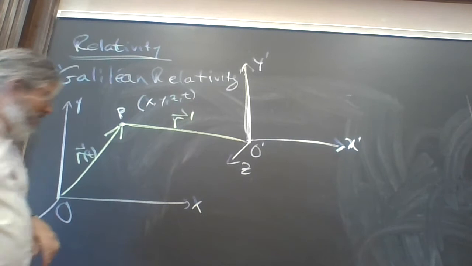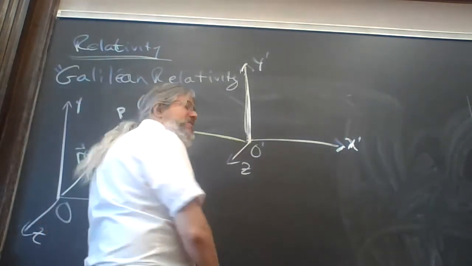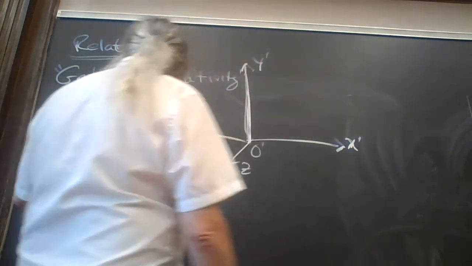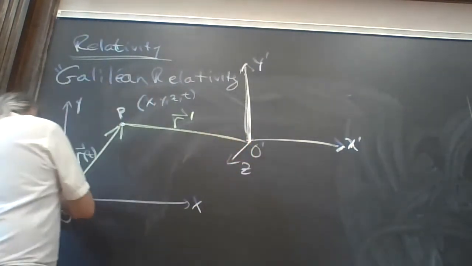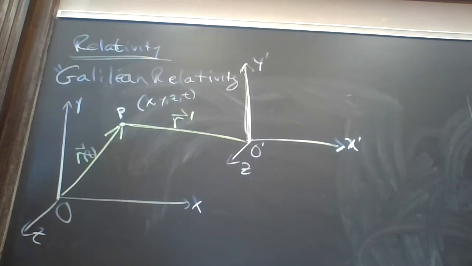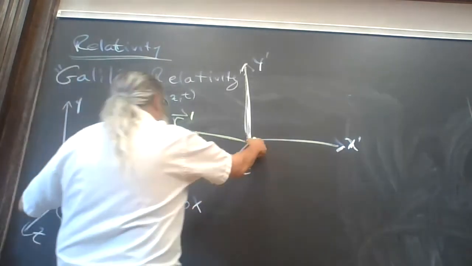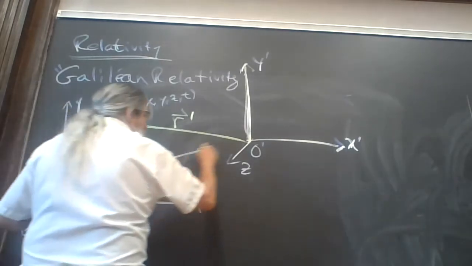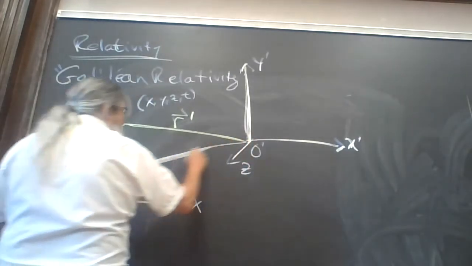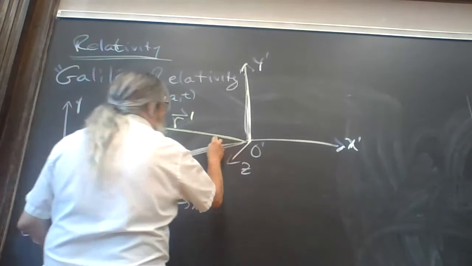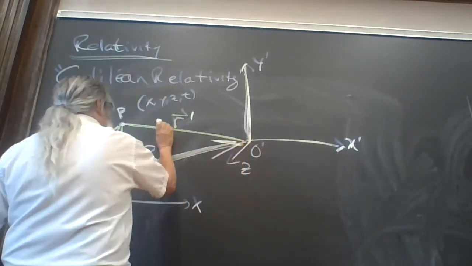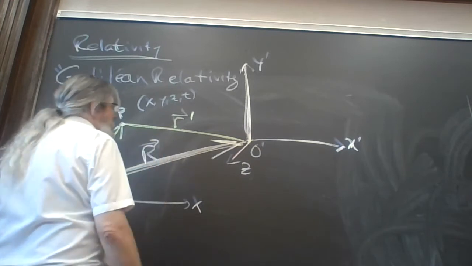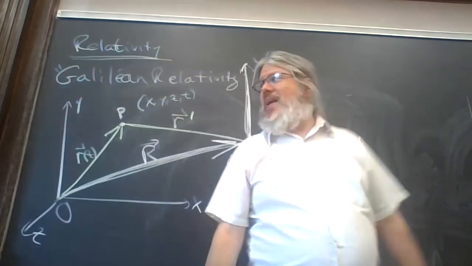And then finally, there's another position vector in all of this, and that position vector is the position vector of the prime coordinate system with respect to the unprimed coordinate system. In other words, there's a physical offset, O prime, and I can draw that vector as well. That's a big line, something like this, and I'm going to call this vector capital O. So I've made a big triangle here.